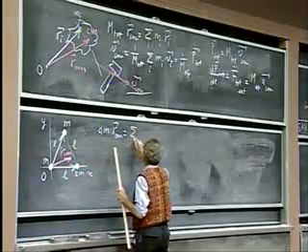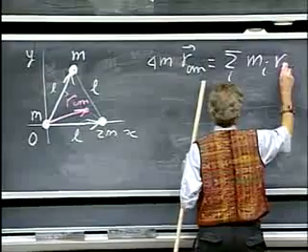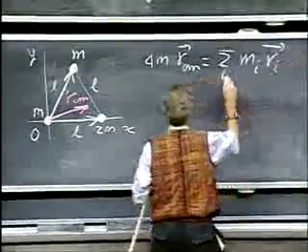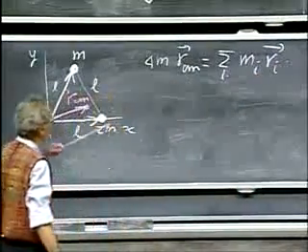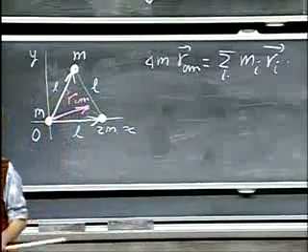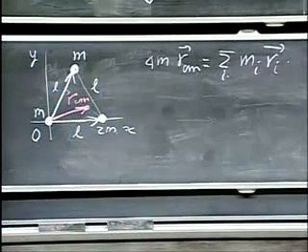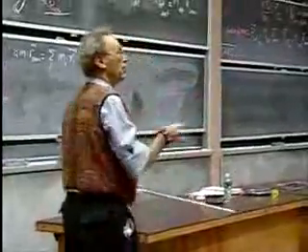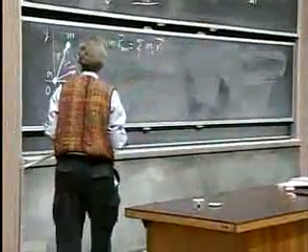So it is the sum over i of m_i times r_i. And this i goes from 1 to 3. Now this is a vectorial equation, and whenever we have a vectorial equation, it sometimes pays off to split it into 2 components, a y and an x component.